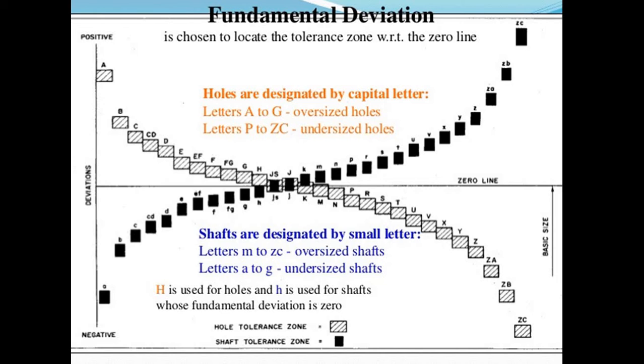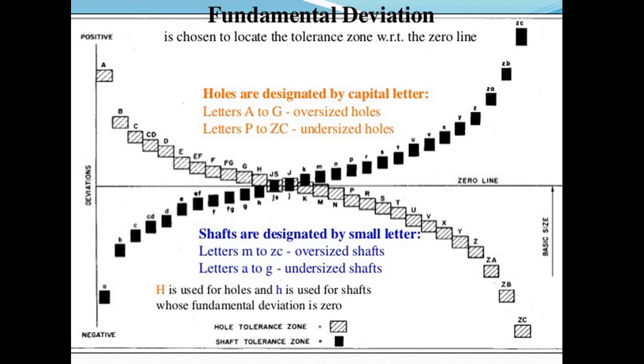Then fundamental deviations. As I told you, there are 28 types of fundamental deviations for the hole as well as the shaft. You can see this is the zero line.